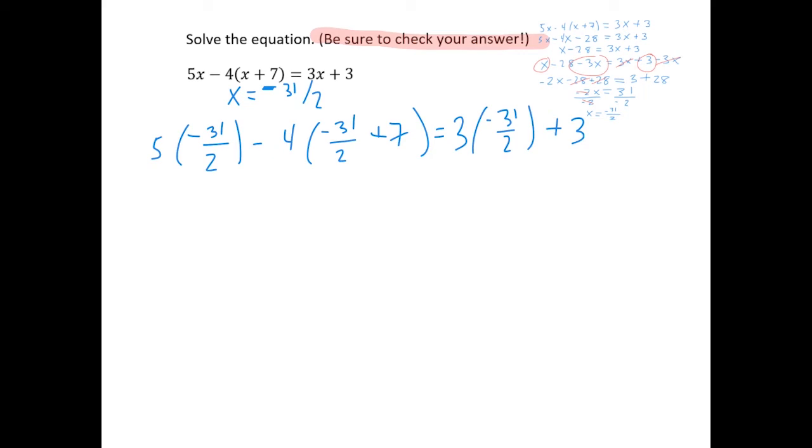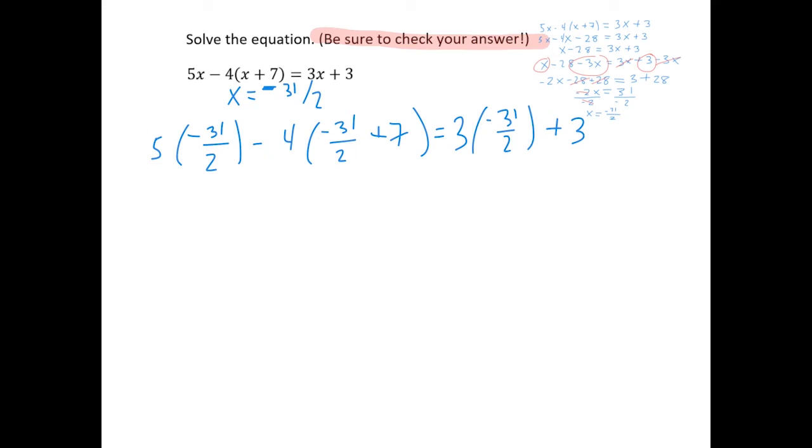All right, so on this far left-hand side, I have 5 times negative 31 over 2. Well, remember, 5 is the same thing as 5 over 1, and multiplying fractions means you multiply the numerators and the denominators.